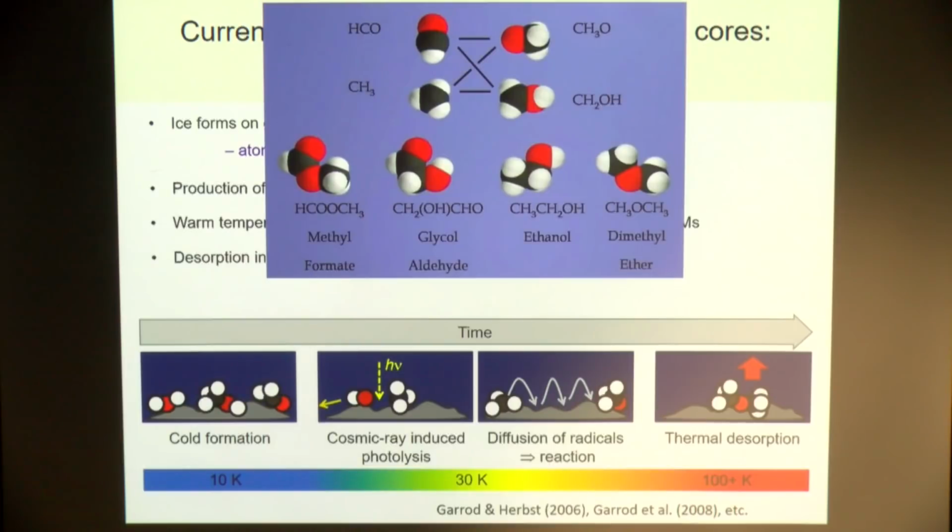So the thing about methanol, if we're looking at typical hot core molecules, these are just 4 of the more typically observed ones, maybe not glycolaldehyde, it's a little bit harder to detect, but certainly methyl formate, dimethyl ether, and to some extent ethanol, all detected commonly in hot cores, and we can produce all of them by this combination of photofragments from UV photons impinging on these simple interstellar ices.